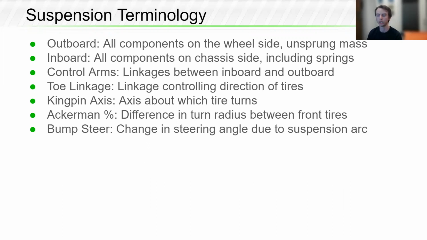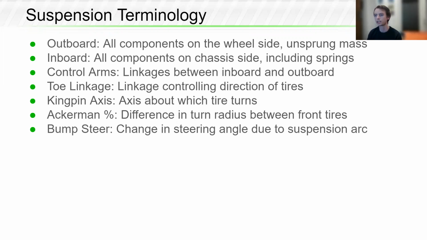So in our case, because we have a front wheel steering car and a rear wheel drive car, the rear wheel will have fixed toe linkages, so they will not change, but they will be adjustable. And the front toe linkages are attached to the steering shaft, and they will control the steering of the car.